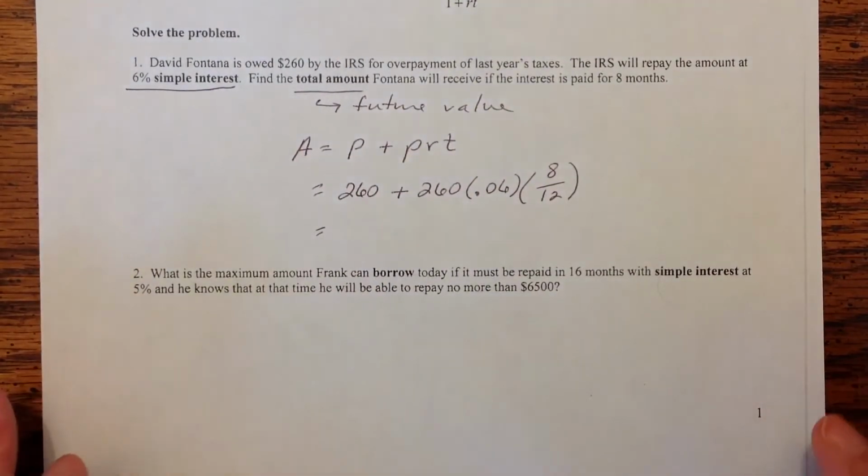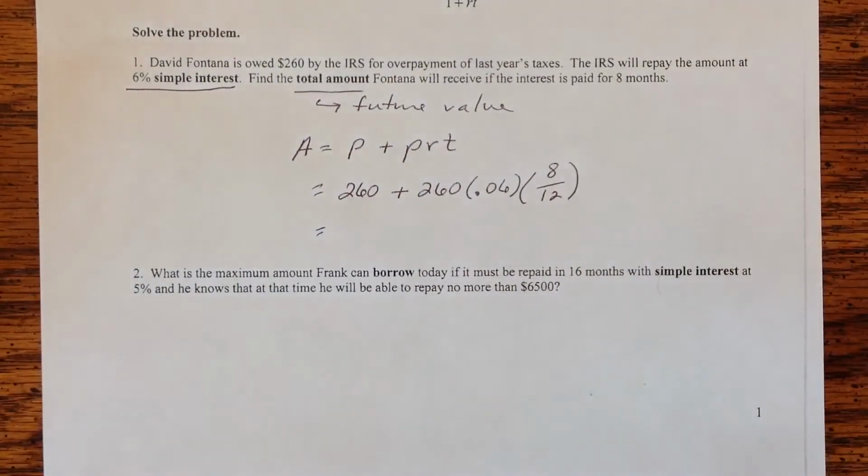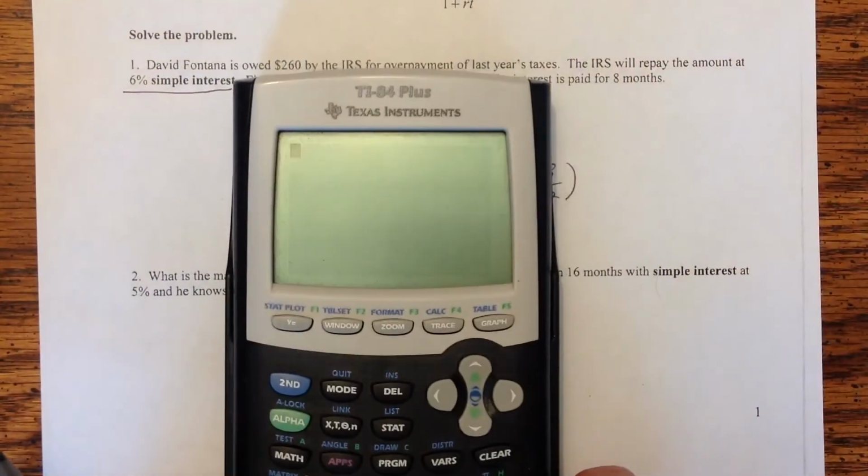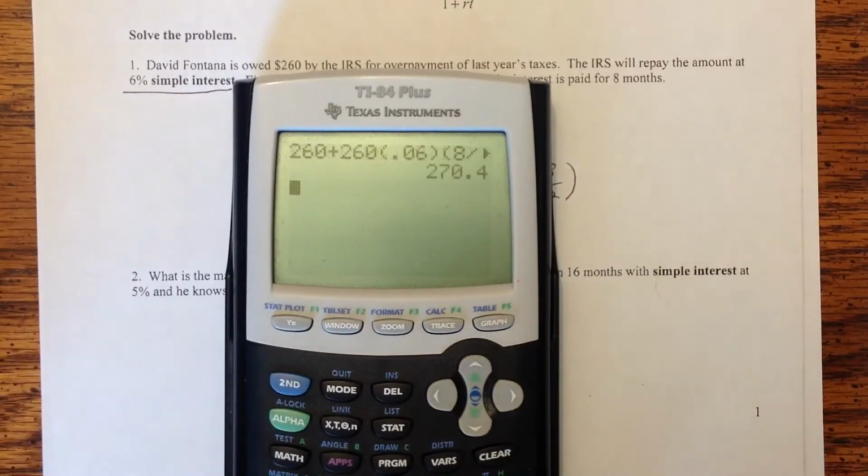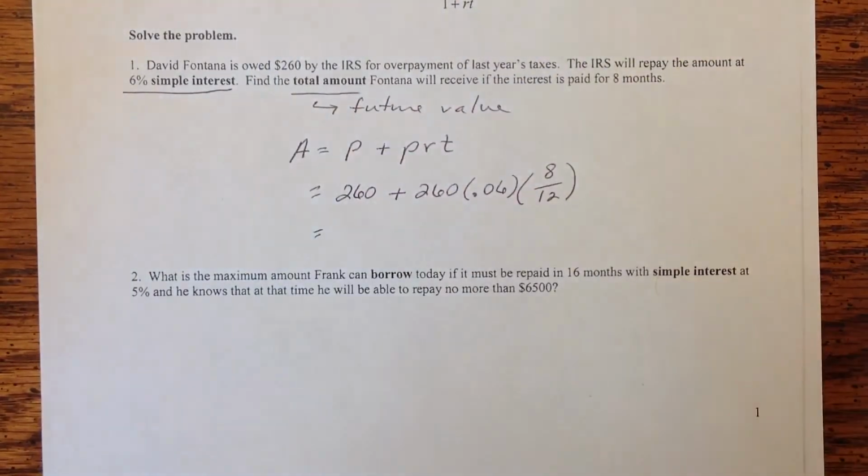By and large, after you plug into the formula, everything is done with a calculator. So I would grab out my calculator and I would do 260 plus 260 times 0.06 times 8/12. And I get this dollar amount, $270.40.